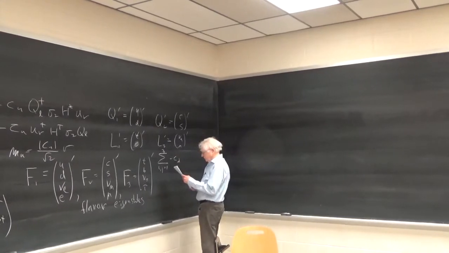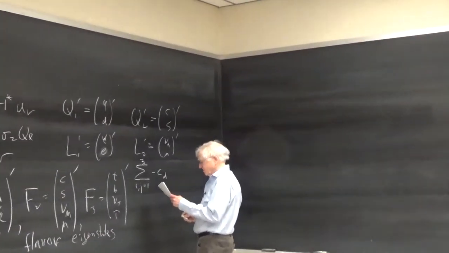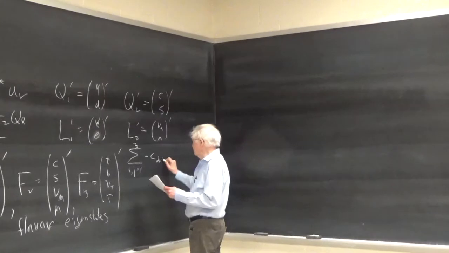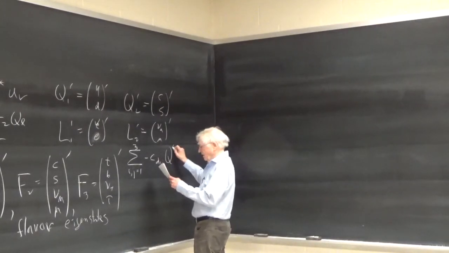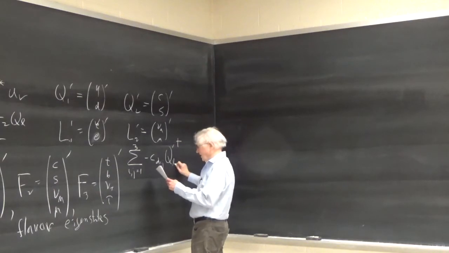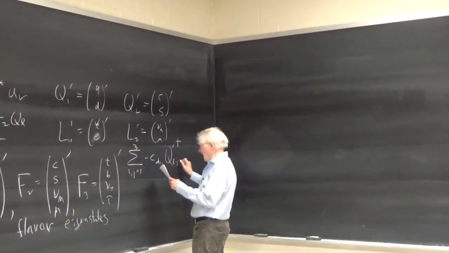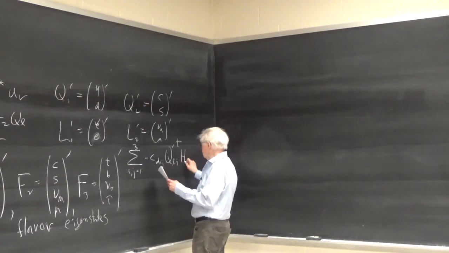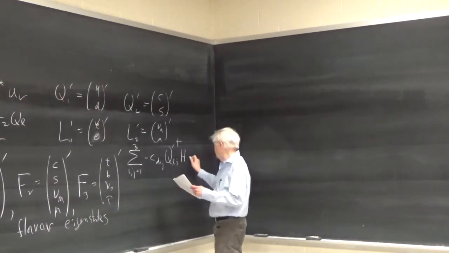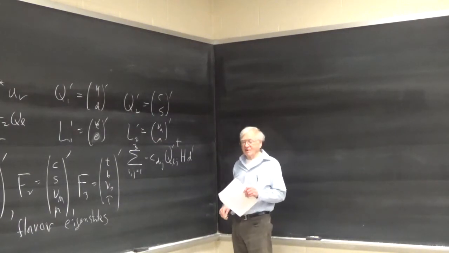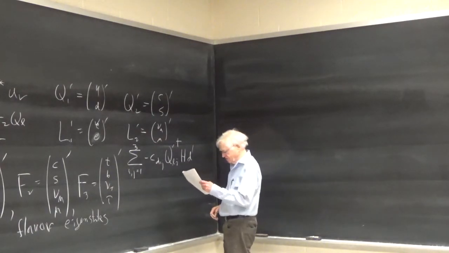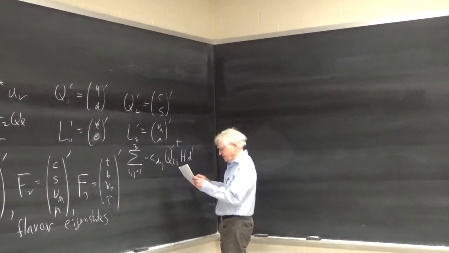Minus, for the down quarks, we're going to have C D ij, Q prime adjoint, L for left, i, one Higgs field for the moment, and in fact in most theories there's just one Higgs field in the standard model.